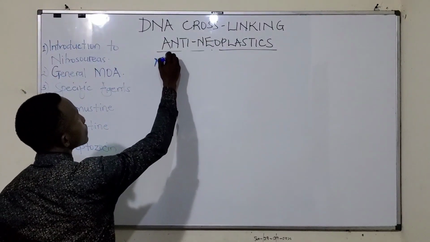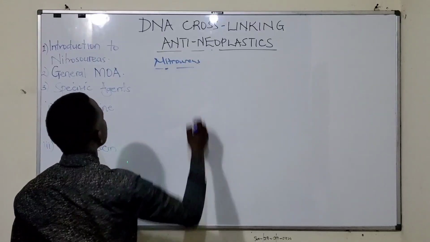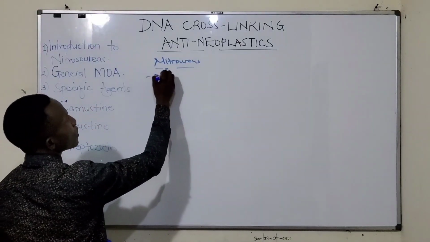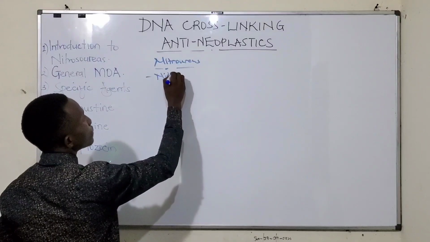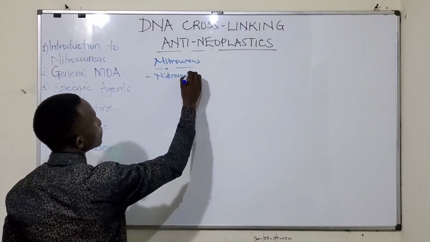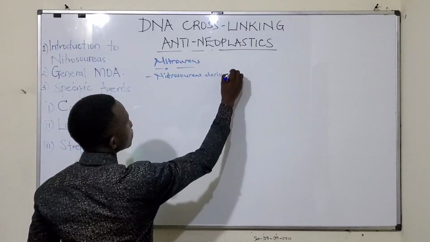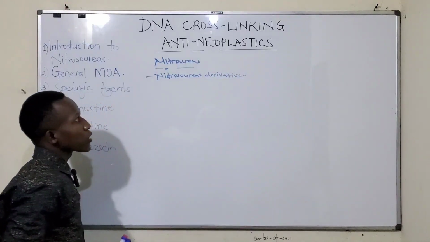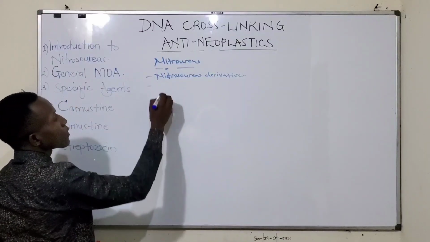Nitrosoureas, as the name suggests, are nitrosourea derivatives. We are going to see the structures and we see that they are nitrosourea derivatives.